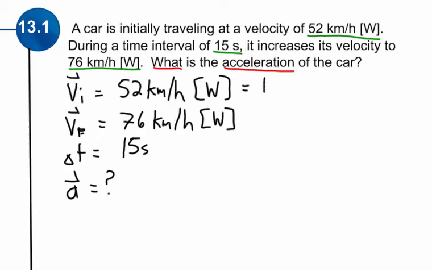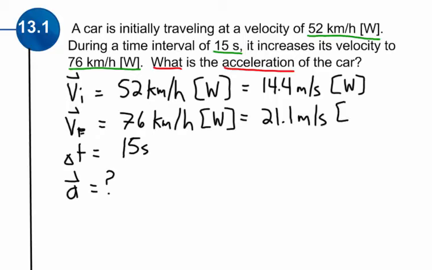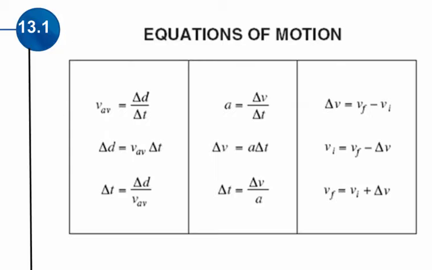Well, we can now take that number and put our givens in terms of meters per second. 52 kilometers an hour, well, we just calculated that is 14.4 meters per second, still going in the west direction. If we do the exact same calculation, 76 times 1,000 divided by 3,600, we'll get 21.1 meters per second, again in the west direction. And now we can actually use this information and find an equation that will work for us to calculate the acceleration. So what we have to do is turn to our formula sheet and find a formula that'll help us determine that acceleration.